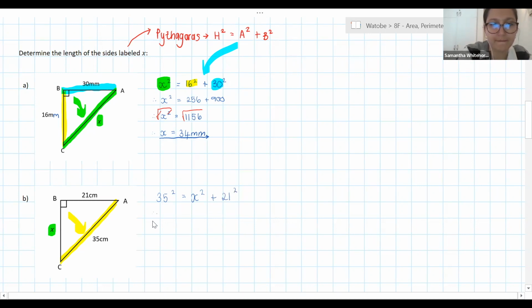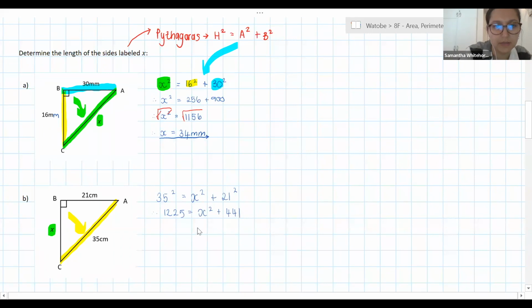So now for the 35 centimeters squared, it is 1225, equals x squared plus 441.